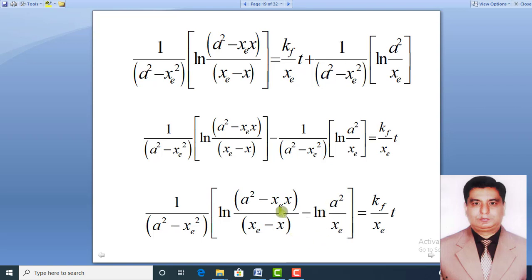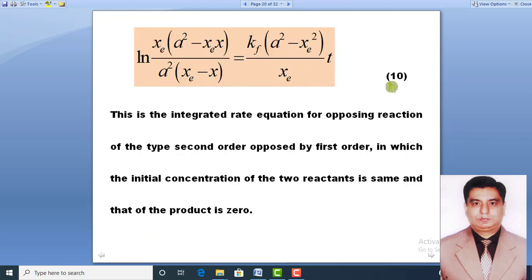So they will be multiplied in this way in the form of equation number 10: log natural of x_e (a² − x_e x) divided by a² (x_e − x) is equal to k_f (a² − x_e²) over x_e into t. This equation number 10 is the integrated rate equation for the opposing reaction of the type when a second order reaction is opposed by a first order reaction.